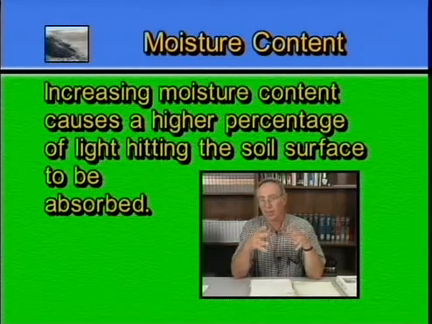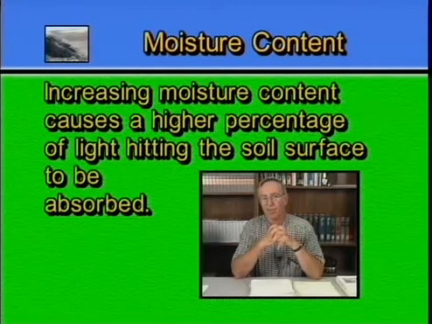Thereby, if we have less reflected light, we're going to have what appears to us to be a darker color. And that is why, as we increase the moisture content of the soil, any given soil will naturally become darker, because it becomes a better absorber and a poorer reflector of light, is what causes that darkening of the soil.